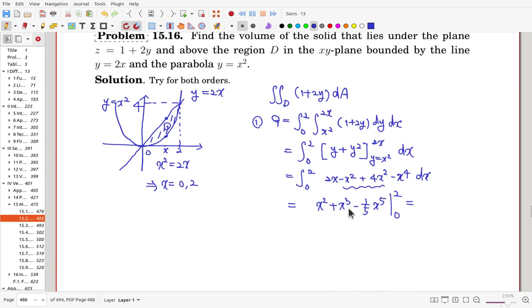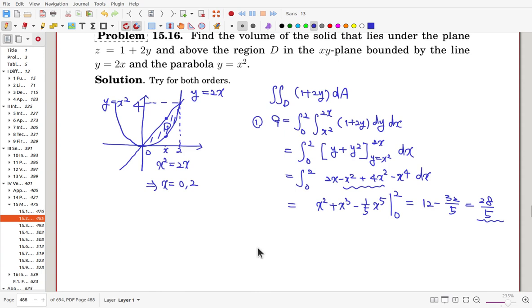Once it's 2, then that is now 4, 8, so 12, minus 32 over 5, right? So that is 60 over 5 minus 32 over 5. So the final answer must be 28 over 5. Okay, we have the solution.